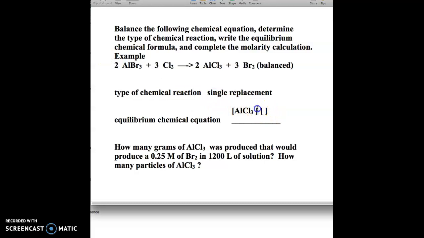And since you have 2 of those, you have to put the superscript 2 there. Your other product is Br2, bromine. And you have 3 of those.